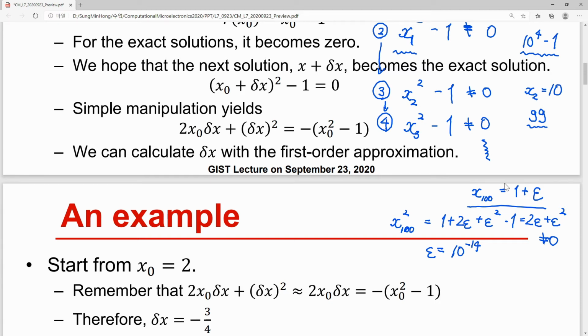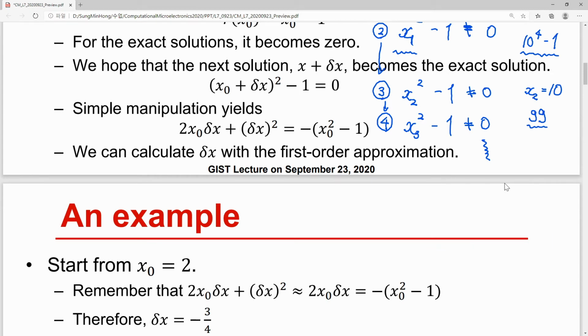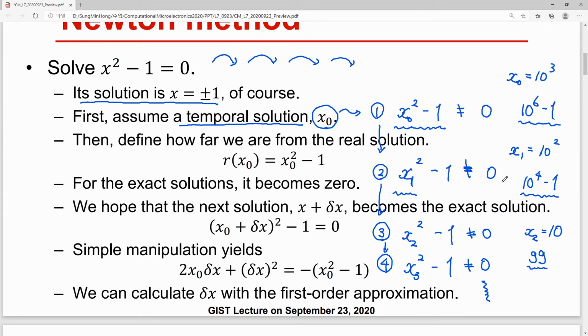So I wanted to say this is the best thing we can expect from the Newton-Raphson method. We do not have the analytic solution, but the solution where the left-hand side of our equation becomes really small, so close to the real solution.